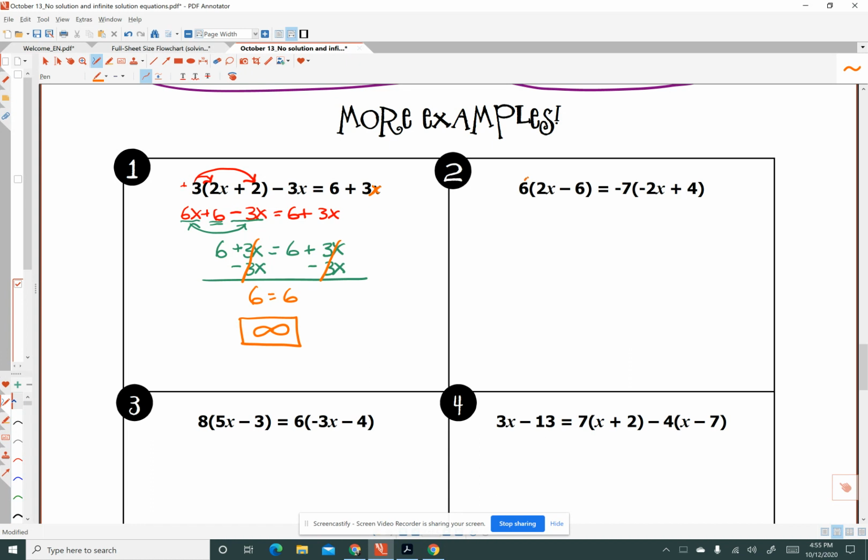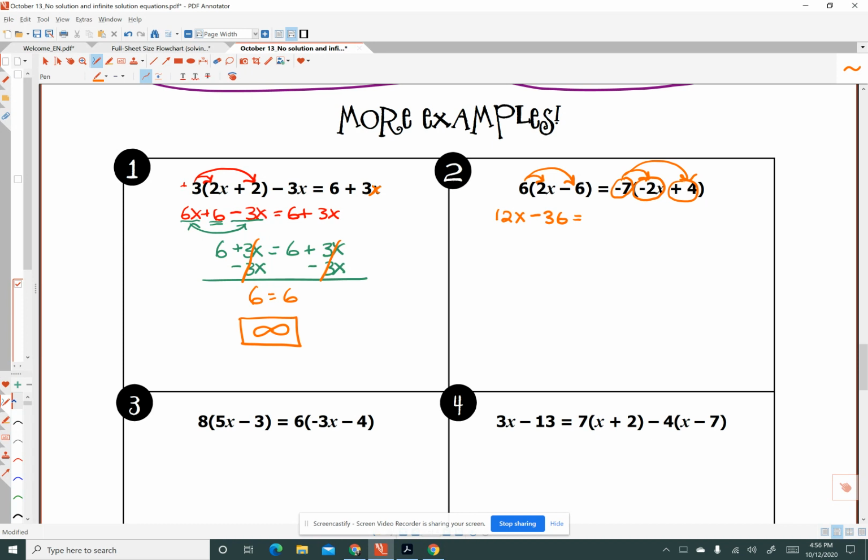So we first distribute 6 times the quantity of 2x, then 6 times the quantity of negative 6. 6 times 2 is 12. 6 times negative 6, positive 6 times negative 6, is negative 36. Be careful, we've got a negative sign here, a negative sign here, and a positive sign there. So we'll distribute the negative 7 through the negative 2x and the positive 4.